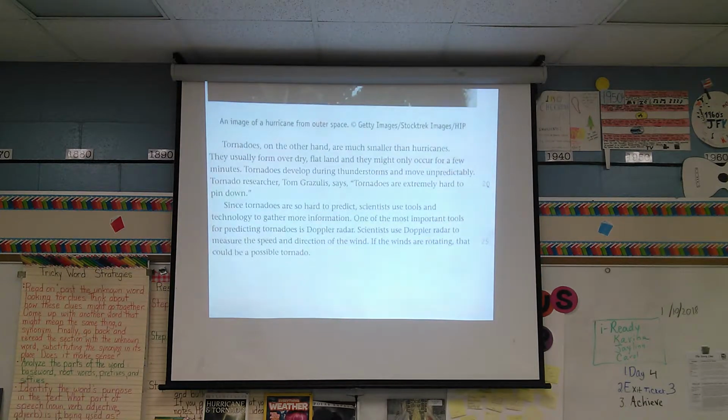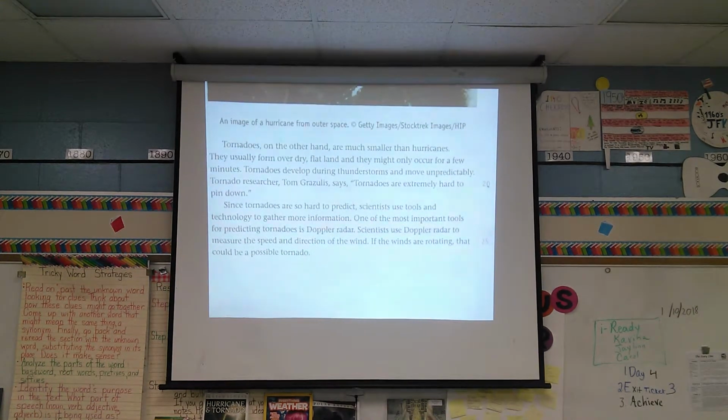Okay, if we look closely, first of all, let me read the whole paragraph. Tornadoes, on the other hand, are much smaller than hurricanes. They usually form over dry, flat land, and they might only occur for a few minutes. Tornadoes develop during thunderstorms and move unpredictably. Tornado researcher Tom Grazoulis says, "Tornadoes are extremely hard to pin down."